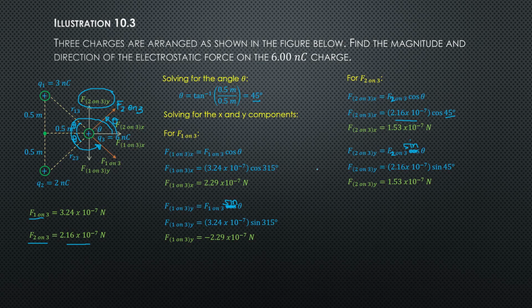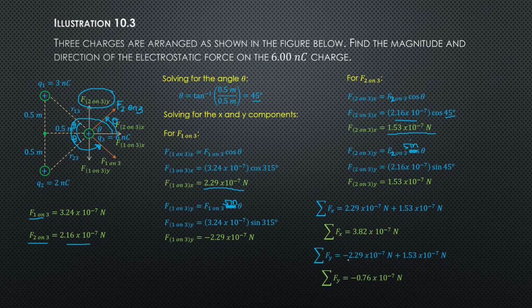Now we will determine the magnitude of the force by means of the summation of forces along x and the summation of forces along y. Summation of forces x: F1 on 3 x, 2.29 times 10 to the negative 7, plus 1.53 times 10 to the negative 7, gives us 3.82 times 10 to the negative 7.